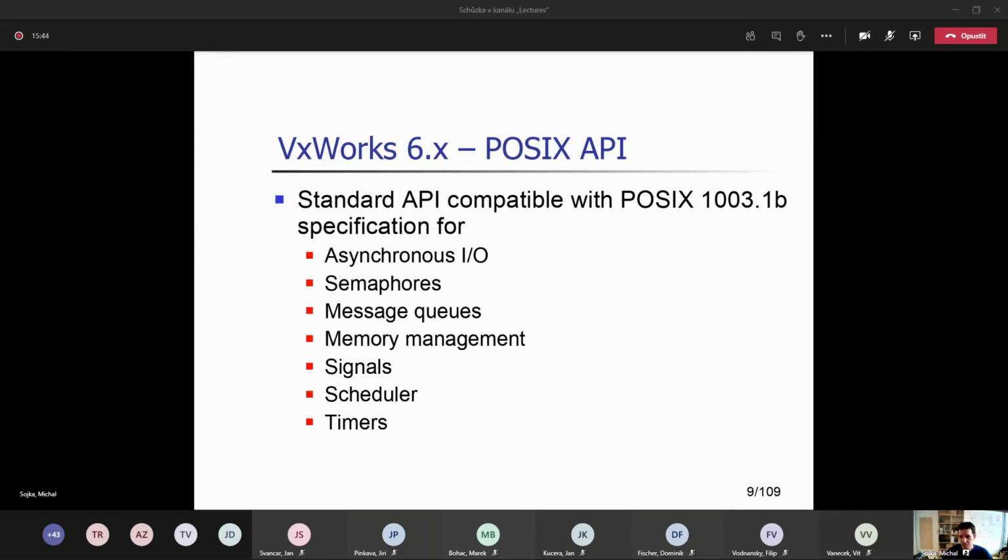And this API contains different features like asynchronous I/O and all this stuff. We will talk about all of these, so you will see later what it actually means. So this was how applications can interact with the operating system, at least the basic concepts.